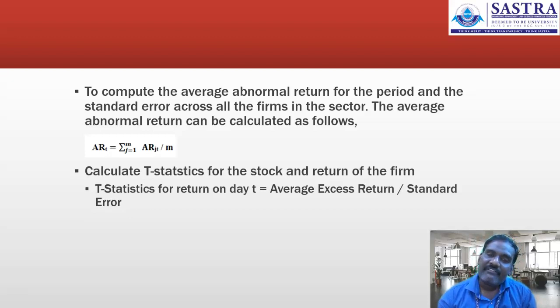You can get the value of the t statistics. In case the value of the t statistics you have calculated is, for example, 0.574, or maybe 0, or maybe negative.